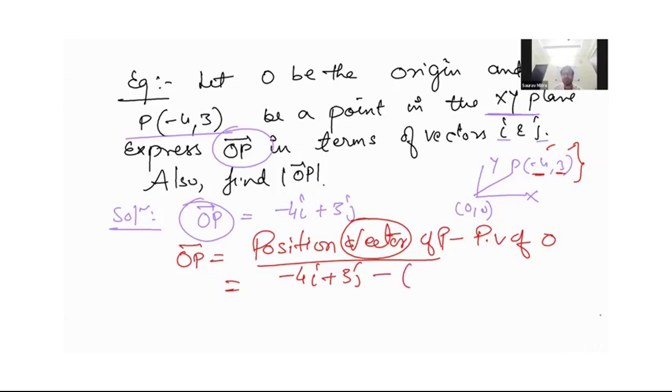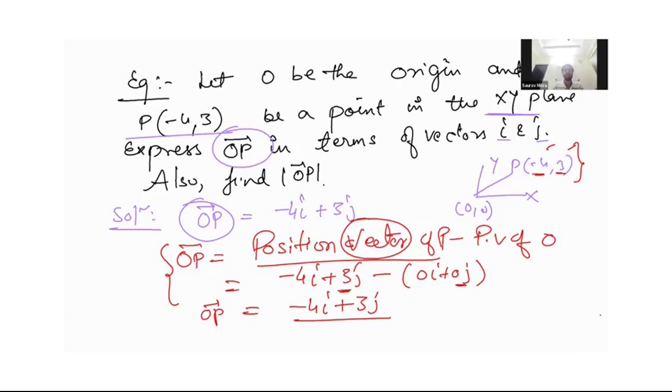The position vector of O is always 0i plus 0j, which can also be written as 0i, 0j, 0k. So the i component gives you minus 4i, and the j component gives you 3j. Clear? So that is your OP vector. If the point is given with respect to the origin, you can write directly minus 4i and 3j. This is the main theory behind that.